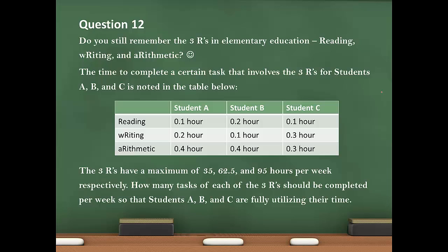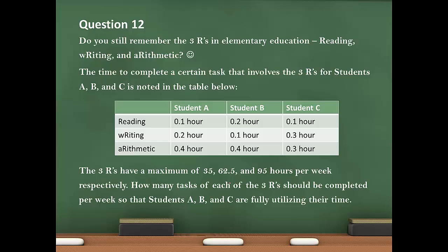So student A takes 0.1 hour to complete a certain task in reading. Student C takes 0.3 hour to complete a certain task in arithmetic, and the rest of them, that is the interpretation. The 3 R's have a maximum of 35, 62.5, and 95 hours per week, respectively.